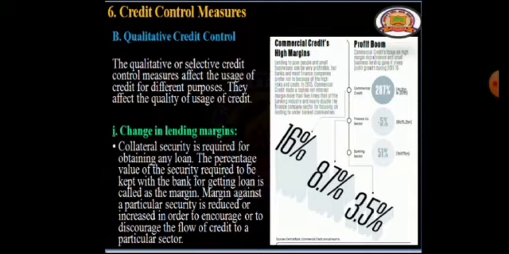Remember, a rise in the margin requirement results in a contraction in the borrowing value of the security, and in the same way, a fall in the margin requirement results in an expansion in the borrowing value of security. Because of this, banks change the margin of lending, to encourage or discourage the flow of credit, just to solve the problem of inflation.